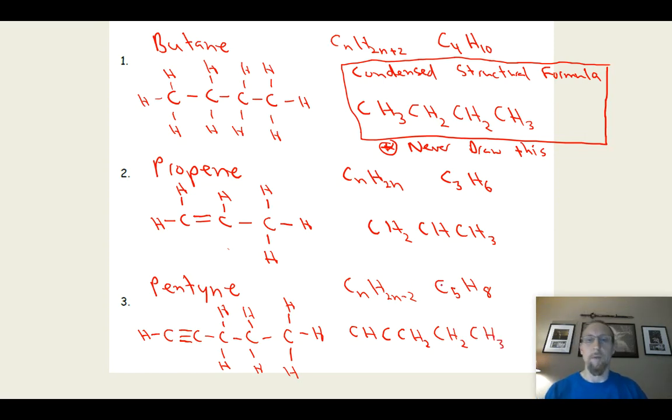So remember, you never have to draw the condensed structural, but what you want to be able to do is understand what it's showing you, and then also realize, look up here, all these H's, when you have a double or a triple bond, you're kind of losing H's. So you can see that drop in H's. So realize there's a multiple bond there somewhere. So that's all I really want you to be able to do with that.